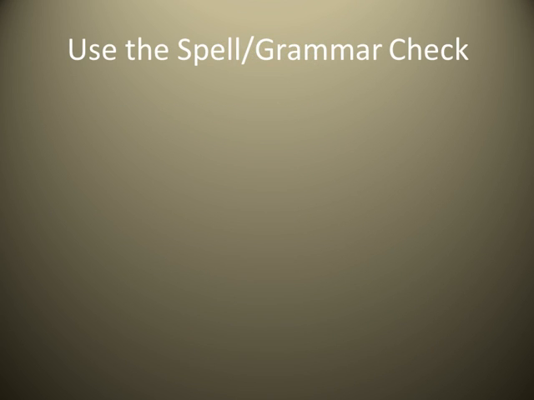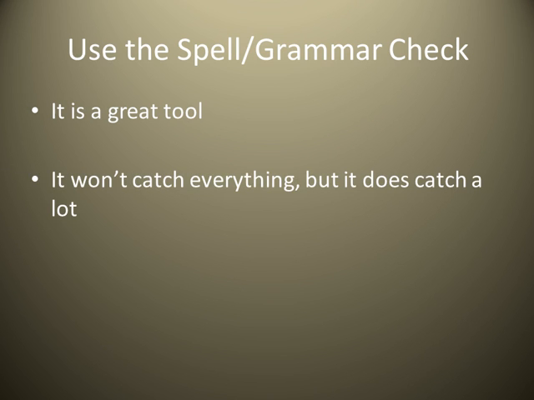Alright, one good way to check at the end of completing your essay is to run the spell or grammar check on whatever word processing tool you use. It won't catch everything, but it is a great tool and it does catch a lot of things. So do an in-depth grammar check and spell check of your entire document before submitting it.